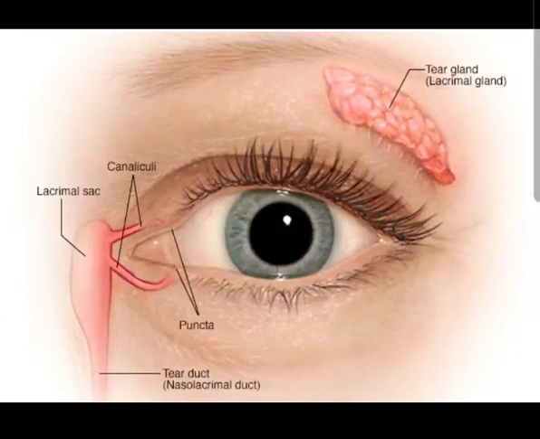Now, the secretion of lacrimal glands or tear glands is called tears. When we blink our eyelids, these tears are equally spread inside the eyes, which serve the function of lubricant.